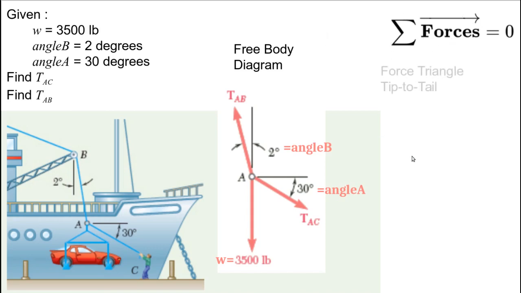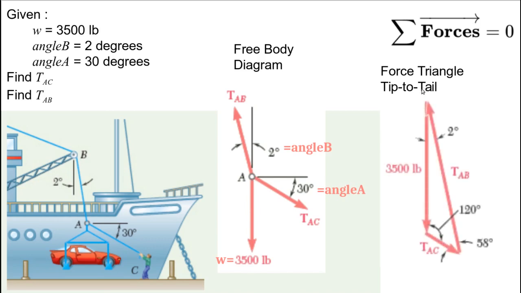And we're going to use a force triangle by moving all of the forces tip to tail. So we take the unarrowed end, which is the tail, and move it to the tip of another vector. When we do that, we end up with a triangle, and we can calculate all of the angles in this triangle because of the information we're given.